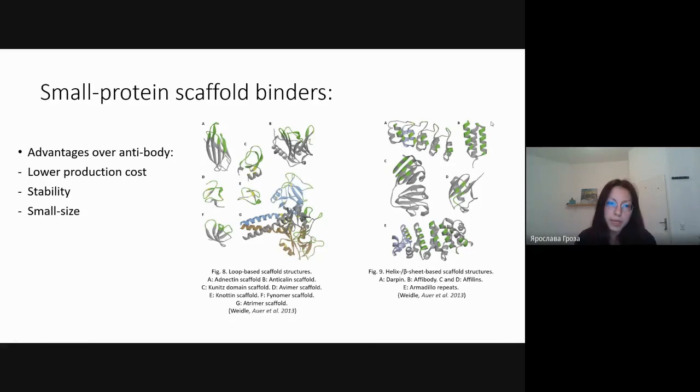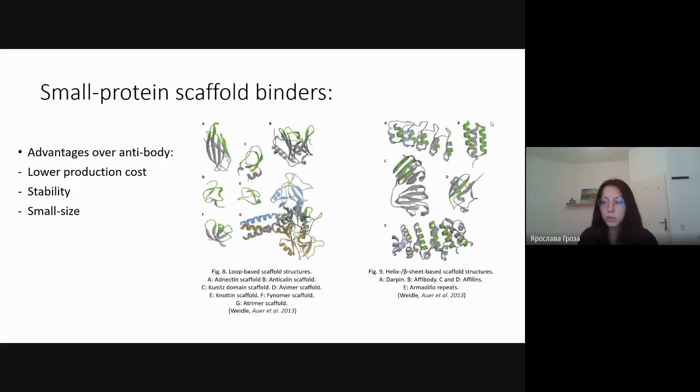We also have a scaffold that we created ourselves. It's called myomedin, and it's a domain of the human protein myomedin. Now it's undergoing patenting procedures.